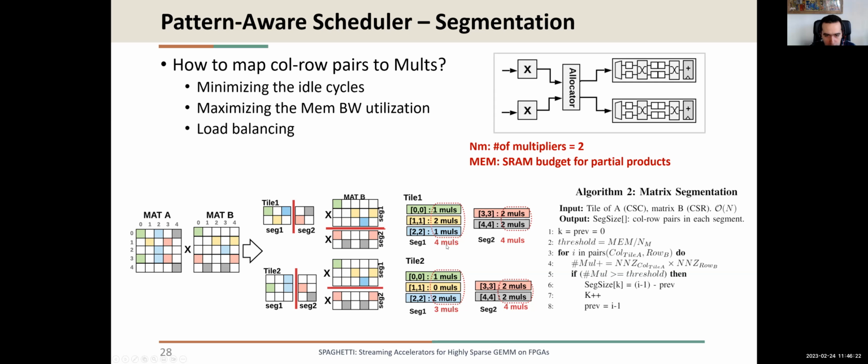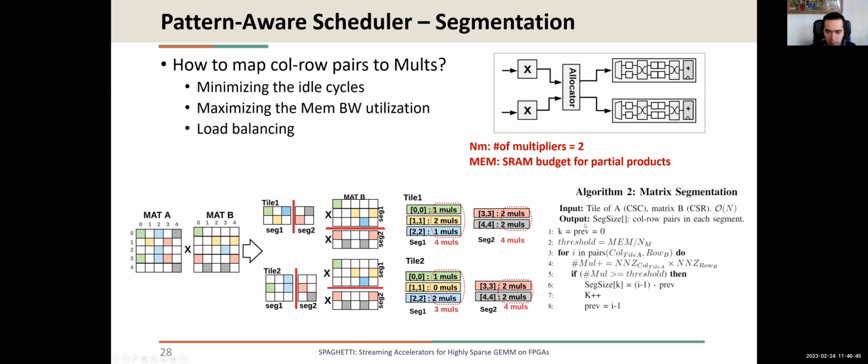If you look at the number of multiplications, in this case, they are exactly the same. So we will have 4 multiplications for the first segment, the first 3 pairs of columns and rows, and we have again 4 multiplications in the second segment.